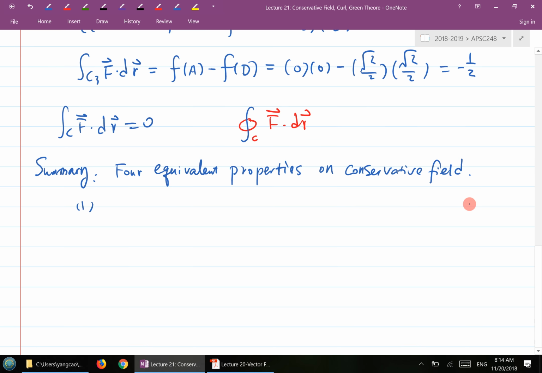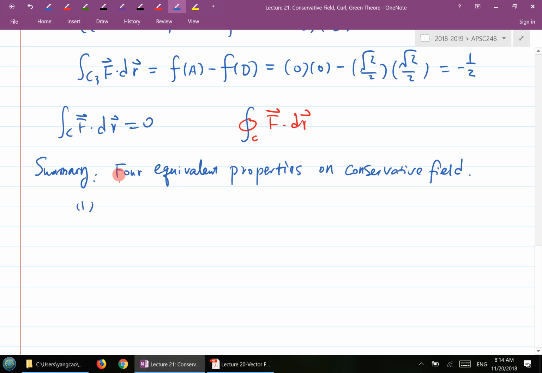Four equivalent properties means whatever the 4 things we're listing here will be equivalent to each other. So when you see 1, it will be same as 2. When you see 2, it will be same as 3. Or when you see 3, same as 1.